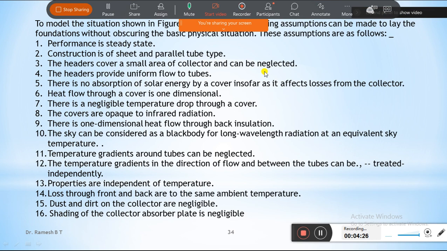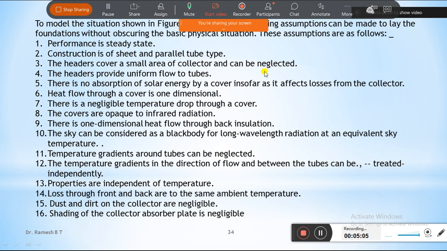And the construction is of sheet, meaning the absorber plate is made of a sheet, not a heavy thick metal, because if the thickness is more, it won't conduct the heat, which is why it is made of sheet. And the header covers a small area of the collector and can be neglected. So the collector area is very small, and whatever heat loss there is, we are going to neglect.